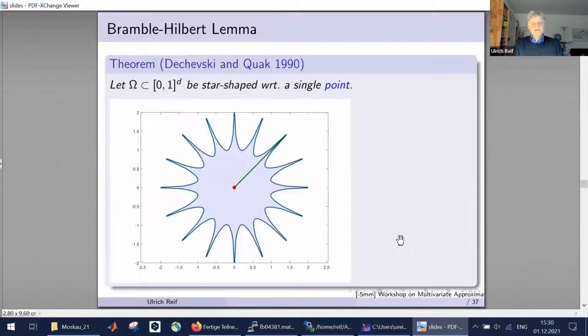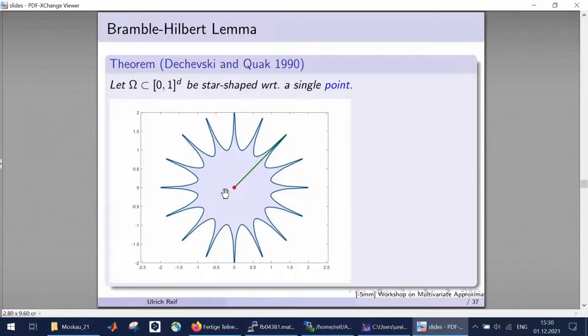Next progress was made by Dechevsky and Quak. They showed that it's sufficient to have star-shapedness, complicated word, with respect to a single point. So such domains are now allowed.